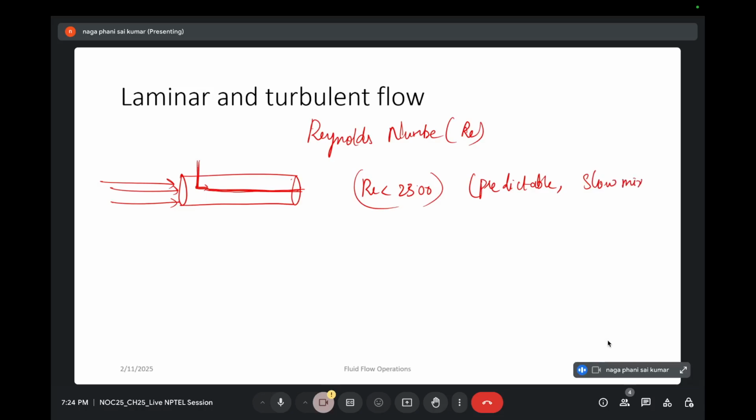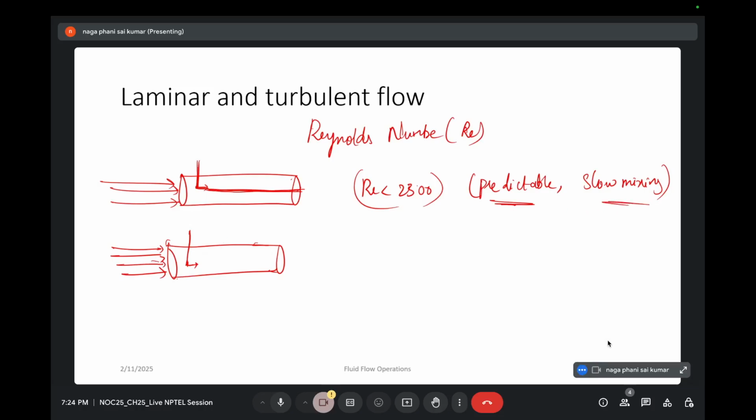But if you increase the velocity, or change other parameters, I'll come to those parameters later, what happens? The predictable nature of the fluid and also the mixing nature will be changed.